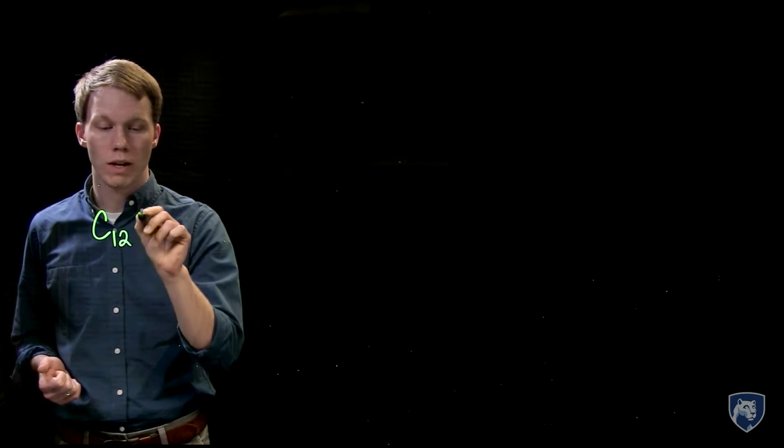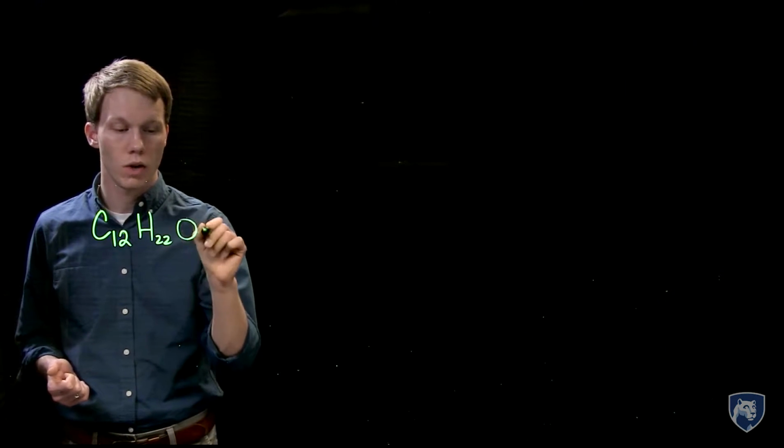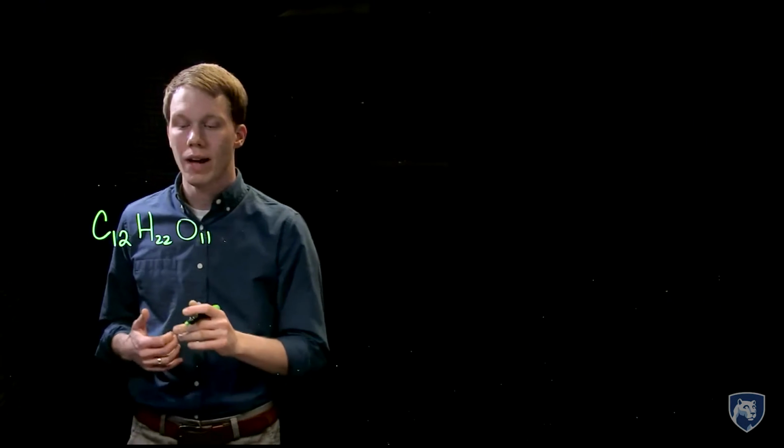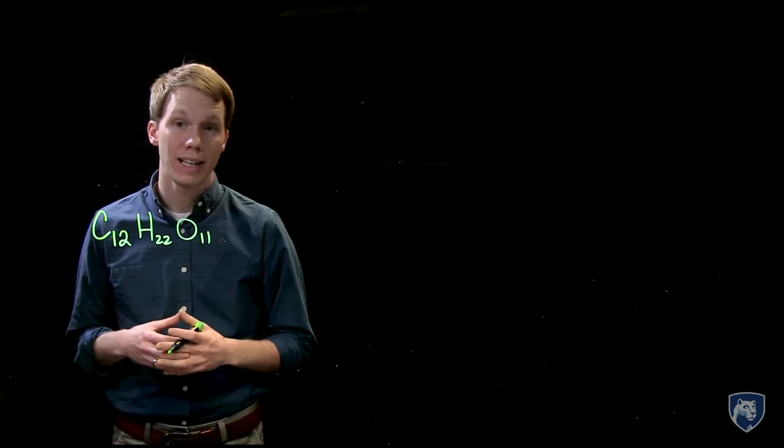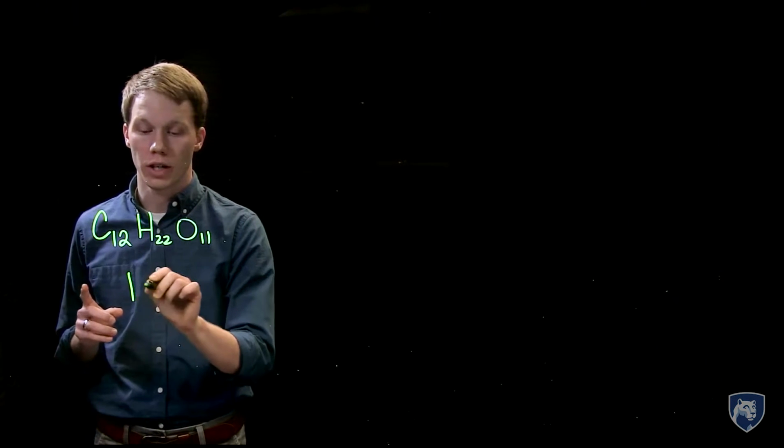Let's apply that same process of problem solving to an example using atoms and molecules. So if we have sugar, your typical table sugar is C12H22O11. And I want to know how many total number of atoms are present in 1 mole of sugar.